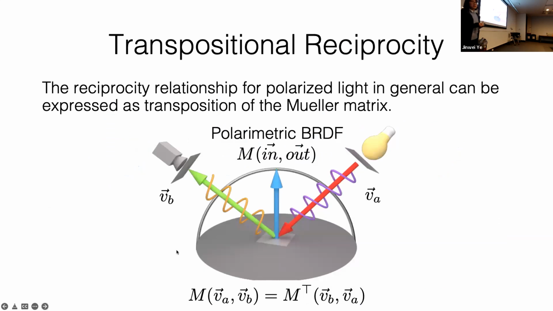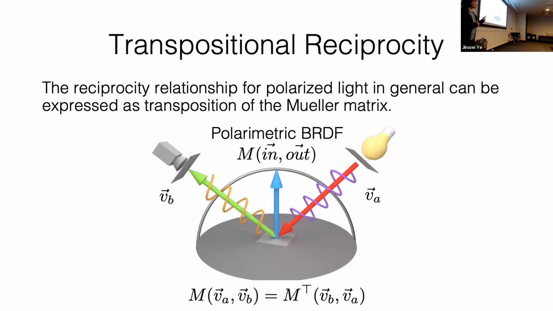And we find that for polarized light, the reciprocity property is not exactly the same as the intensity version, which is simply an equal relationship. In the polarized case, the relationship becomes a transpositional reciprocity, which means that if we reverse the light path, the Mueller matrix will become the transpose of its original version.